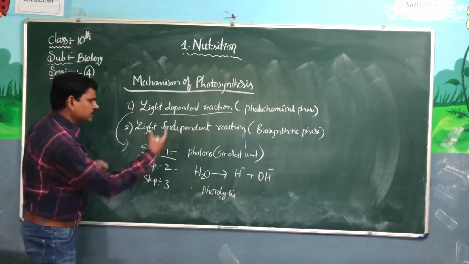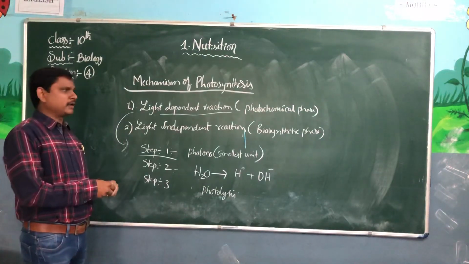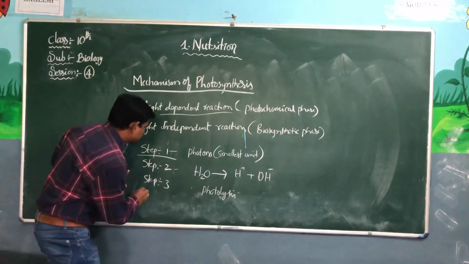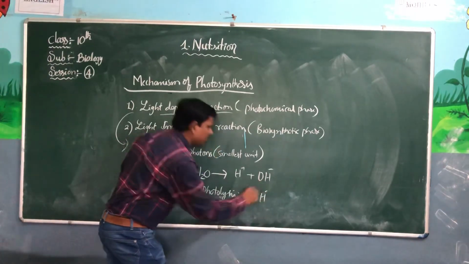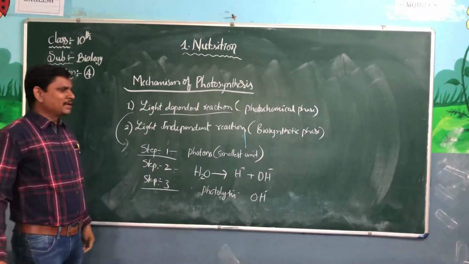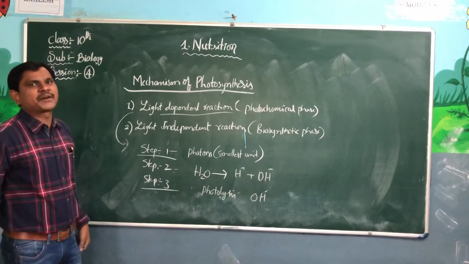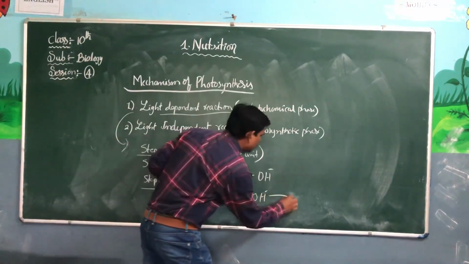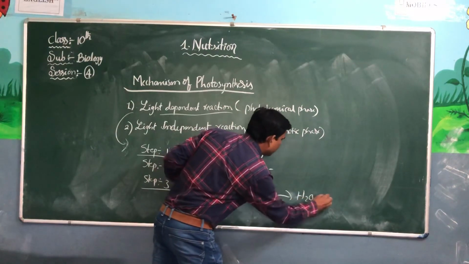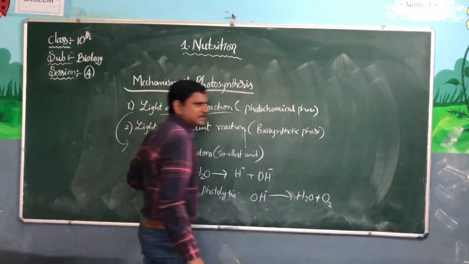When water is broken down into hydrogen and hydroxyl ions, in the third step these hydroxyl ions go through a series of chemical reactions. Finally, water and oxygen will be released.